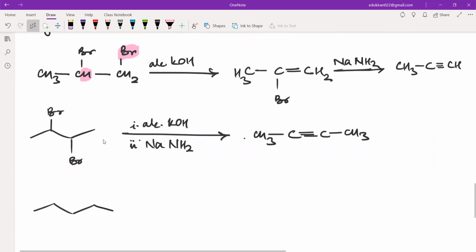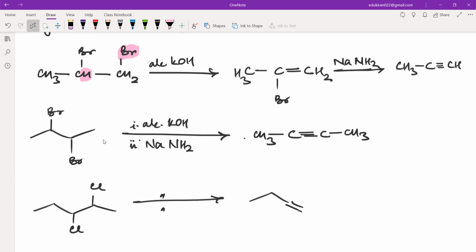You can take other halogens also. Let us take chlorine and chlorine. Then you will be using the same reagents here. Triple bond, first carbon, second carbon, third carbon, and the fourth carbon at triple bond, and there is a CH2 group. Why have I written it like this? Because it is sp hybridized, and sp hybridized will have straight lines.